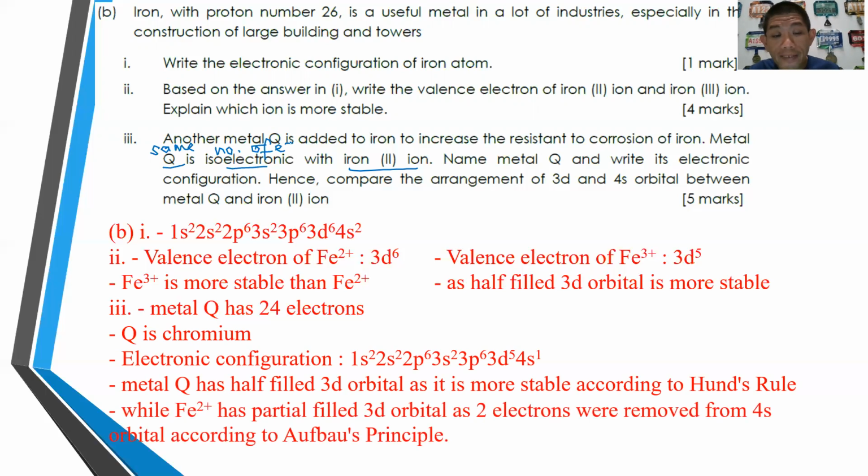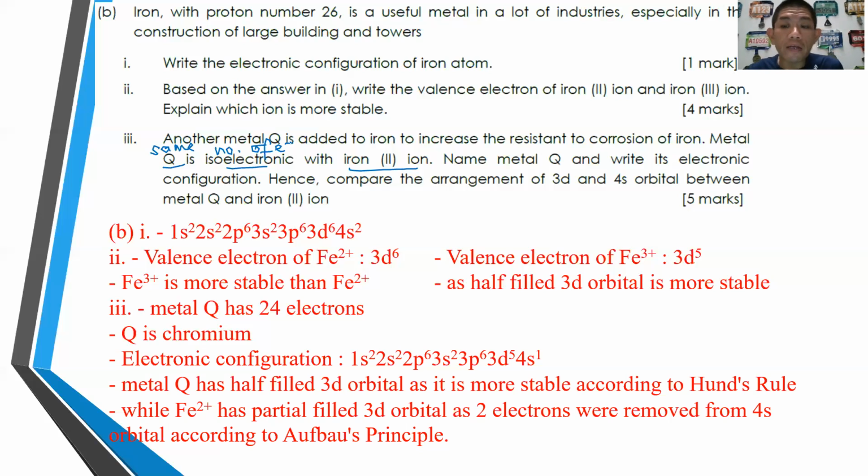While Fe2+ has a partially filled 3d orbital, and 2 electrons will move from the orbital according to the Aufbau principle. That is how you are going to explain what happened to the metal Q. So that is for question number 4.